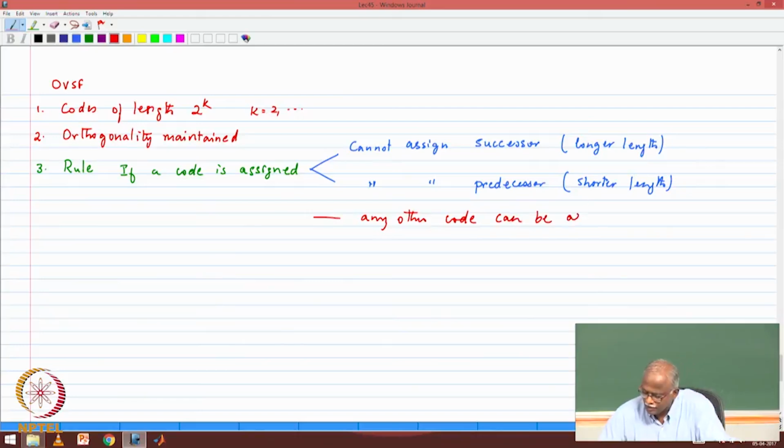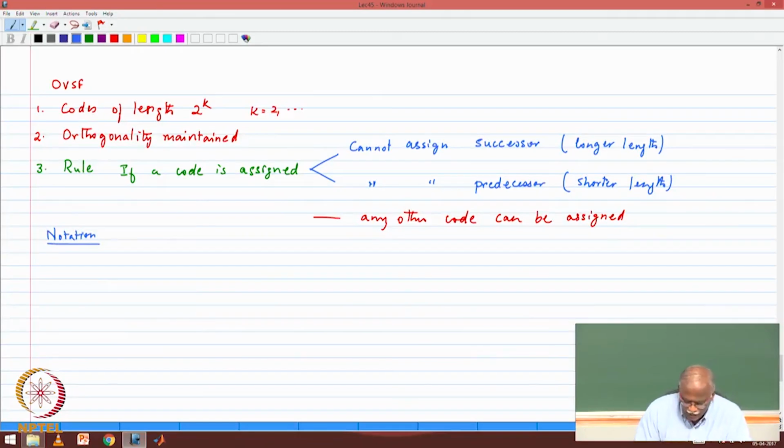Now, when you have codes of length 4 or 8, it's easy to do it by hand. But usually the spreading factors in wideband CDMA go up to 512. So you have to have a systematic way of numbering the codes. This notation will help us in the next example.